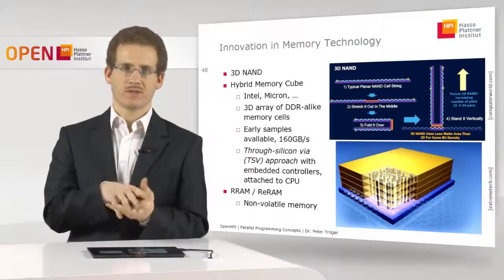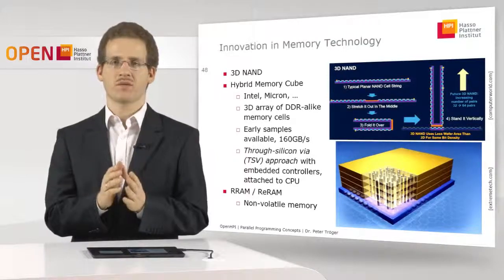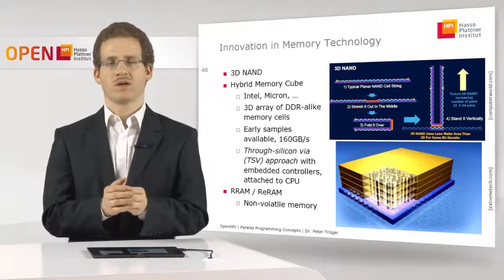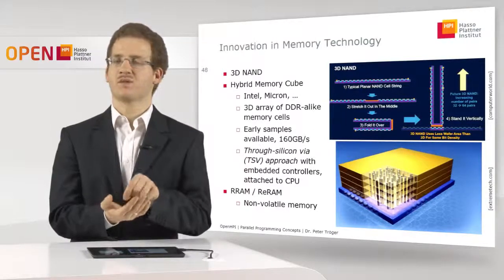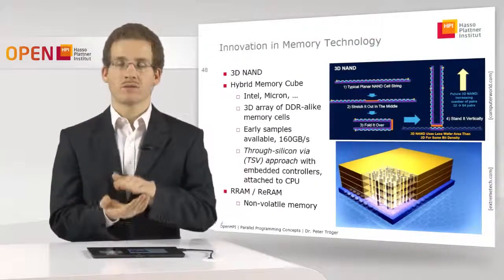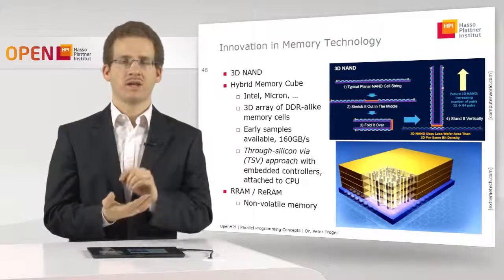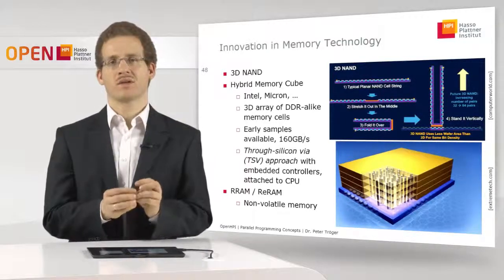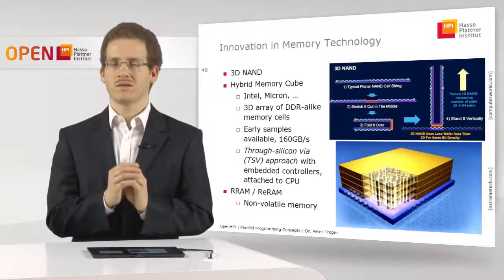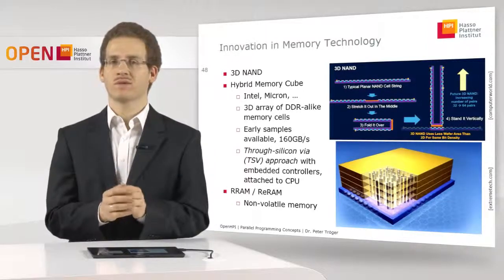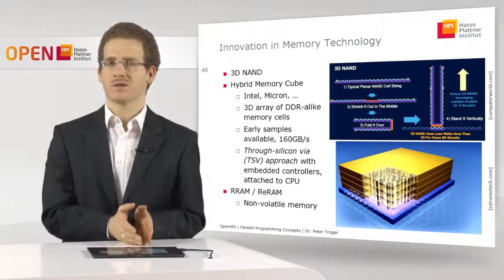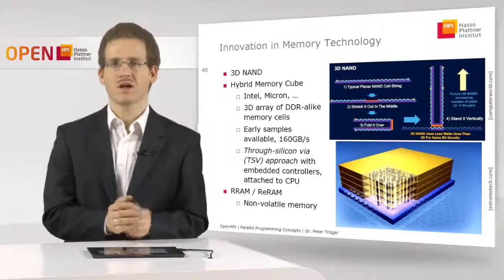They use an idea called through silicon via, TSV, which gives you the shortest possible path between the different cores and multiple layers of memory. This is very fascinating because it will lead to amazingly good memory performance in the future, even in comparison to current caching technology.